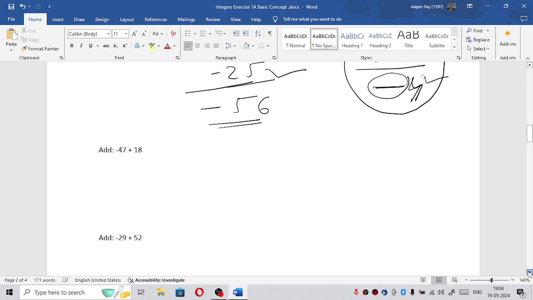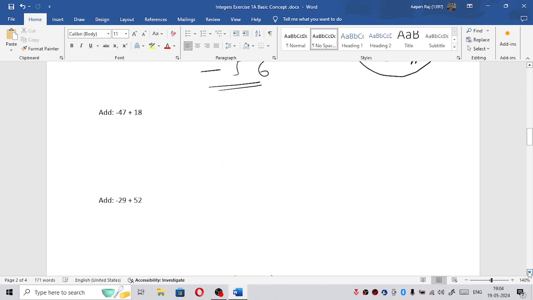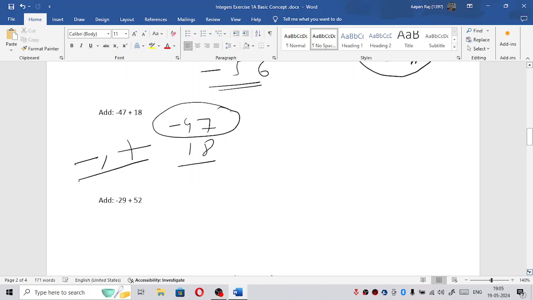Now move to another question. Let's see, -47 plus 18. Now here one is positive and one is negative. One is -47 and another is 18. See here, you have to see which one is largest. Minus 47 is the largest and 18 is the smallest. So when one is minus and another is plus, we have to subtract the smaller from the biggest, and the sign would be of the biggest number.